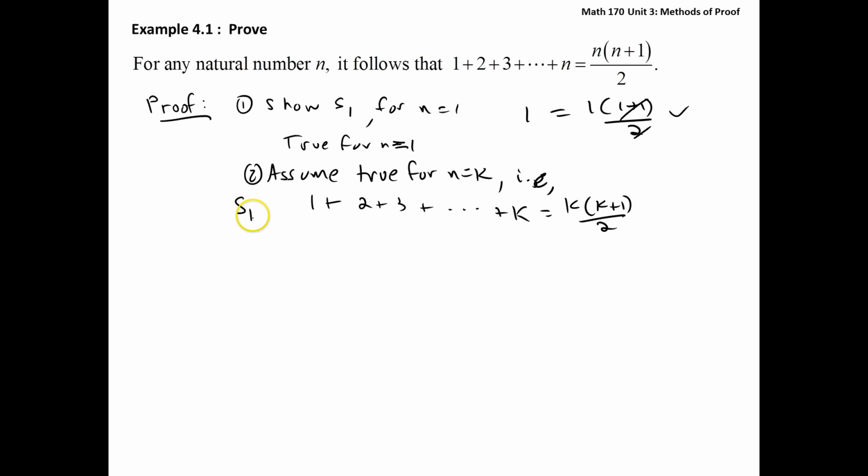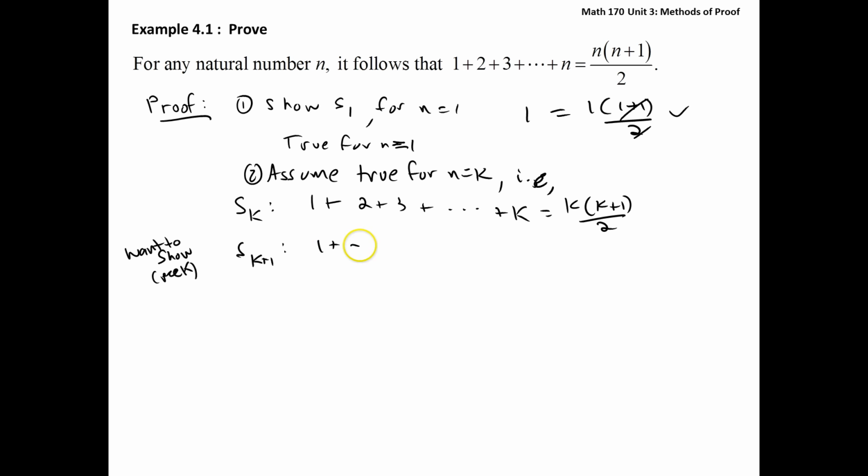This is S sub k. We want to show it's true also then for k plus 1. If we want to take a peek at what we're trying to prove, that S sub k plus 1 is true.